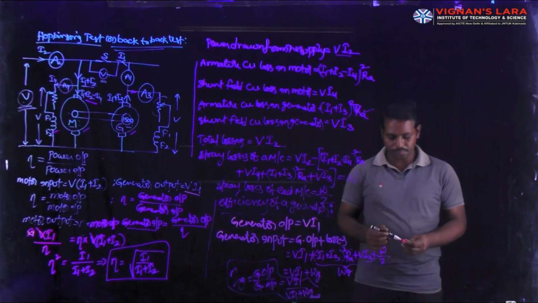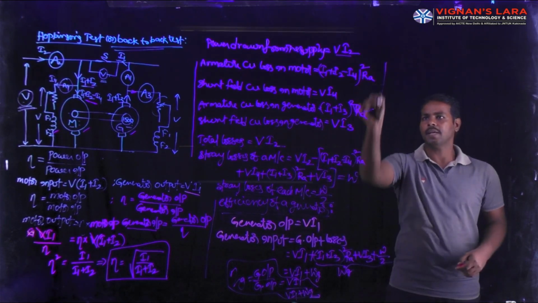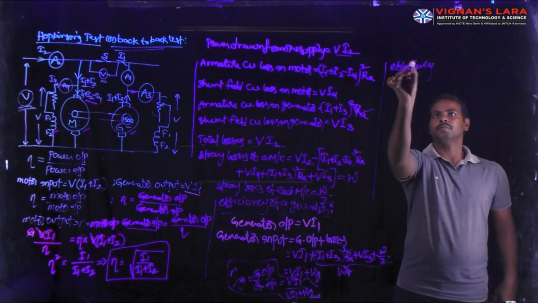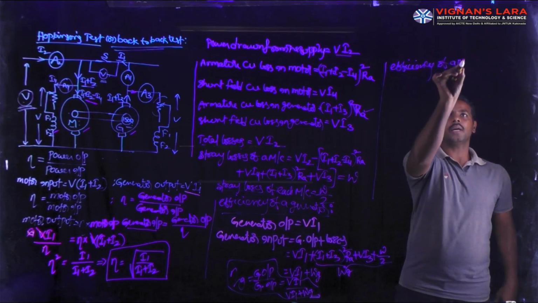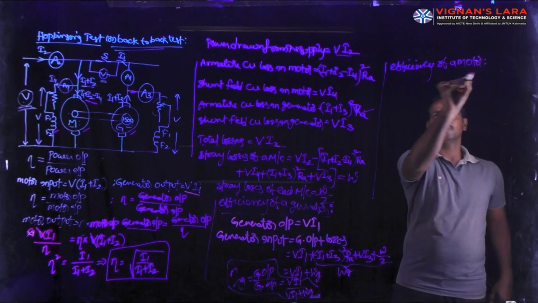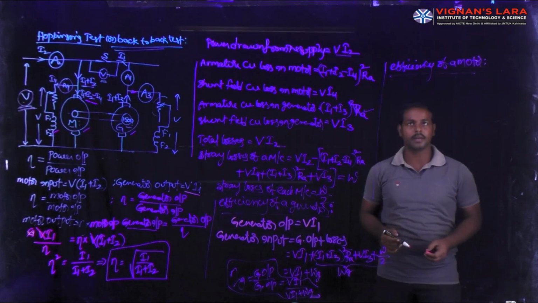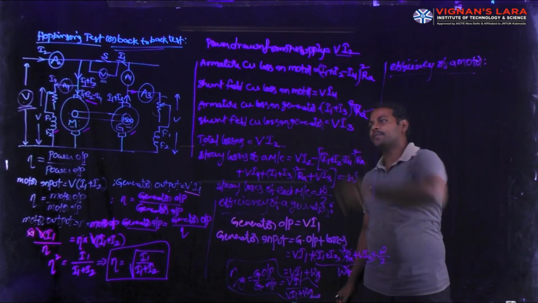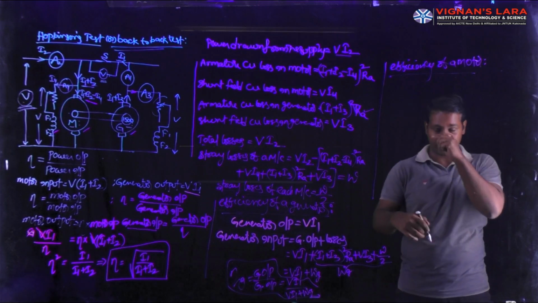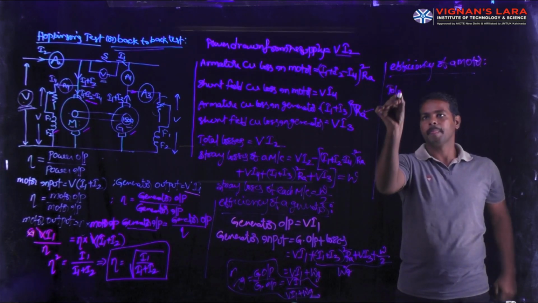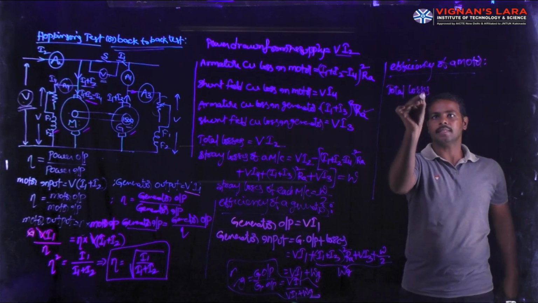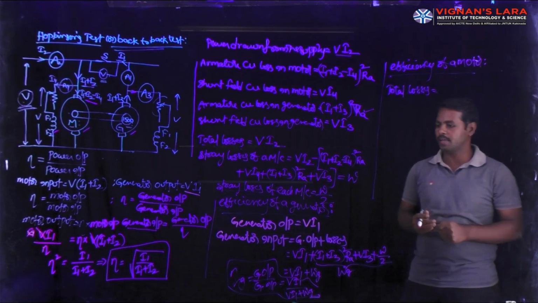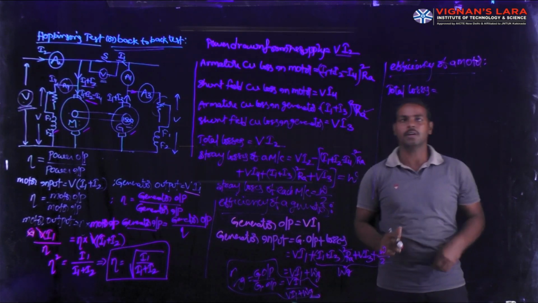Similarly, we can find out the efficiency of a motor. The total losses are the armature copper losses, the shunt field copper losses, plus the stray losses of the motor.